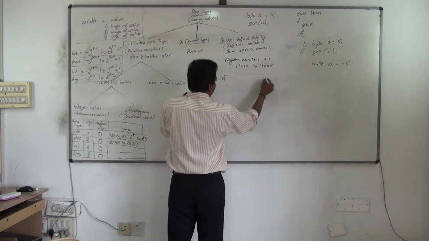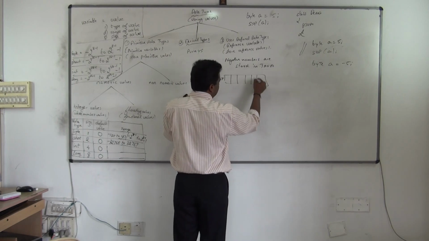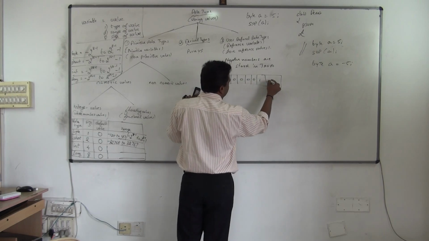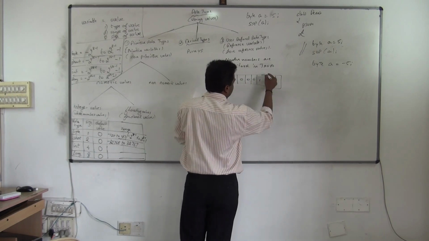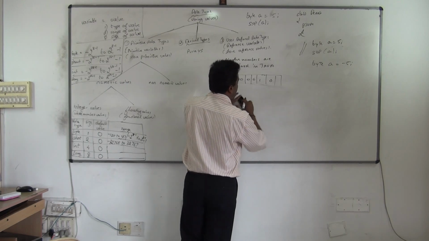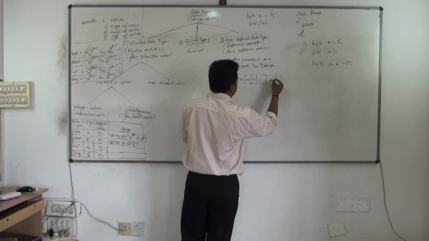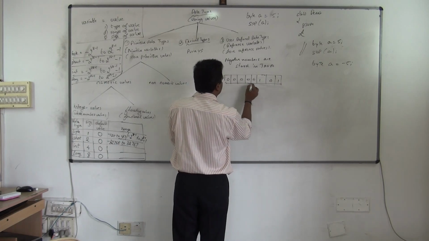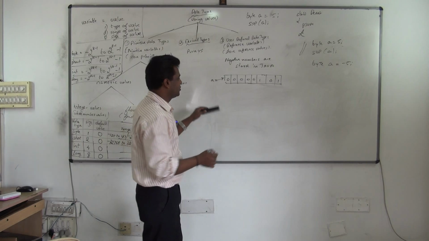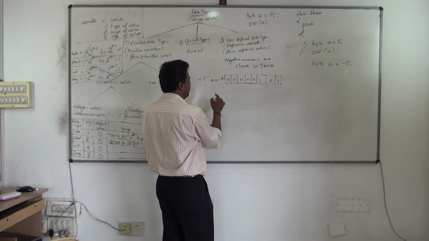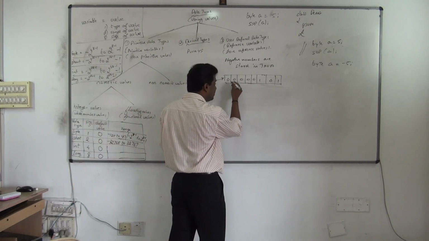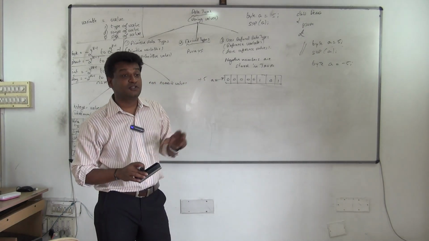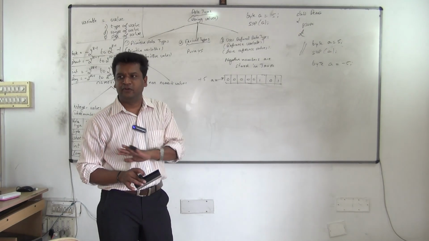So when I say byte A, this is how a positive number is stored: positive 5. Now the negative number. First, see, Java uses 2's complement to store negative numbers. That's all you need to understand.